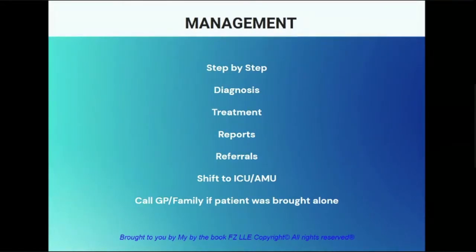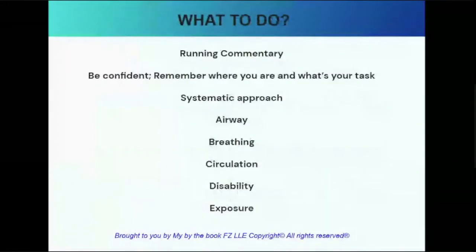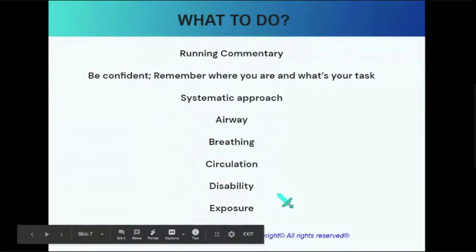I did not go into a lot of complexities of this scenario. Why? Because the first thing I wanted to do was condition you to the fact that you should not approach this scenario by doing GCS first. Please remember that commenting on what you are doing, going systematically by assessing airway, breathing, circulation, disability, and exposure is what is most important.